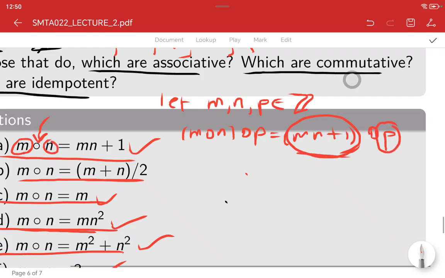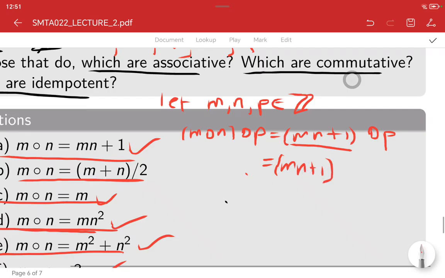So when you come to compute this, where I see M on this definition, I plug MN plus 1. Then where I see N, I'll plug P. Then I add that one which I have there. Then I check. This is MNP plus P plus 1.